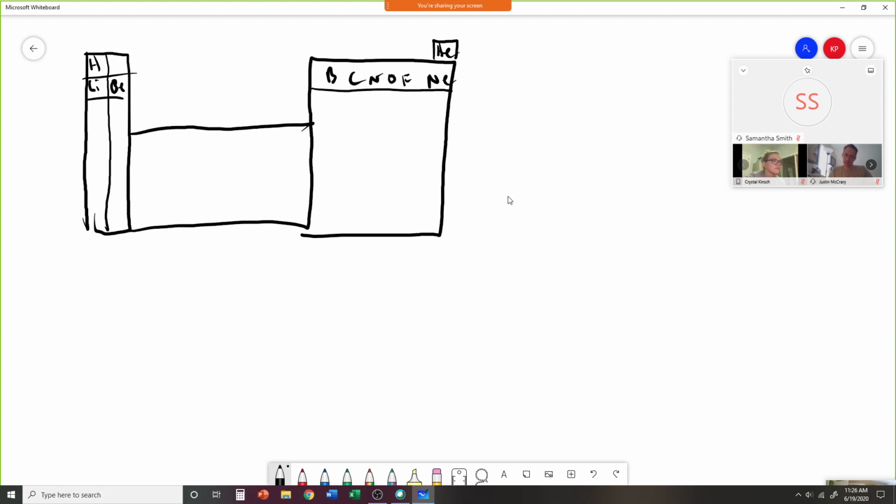All right, now, it turns out that the periodic table is actually arranged according to electronic properties. This section over here is actually called the S block.